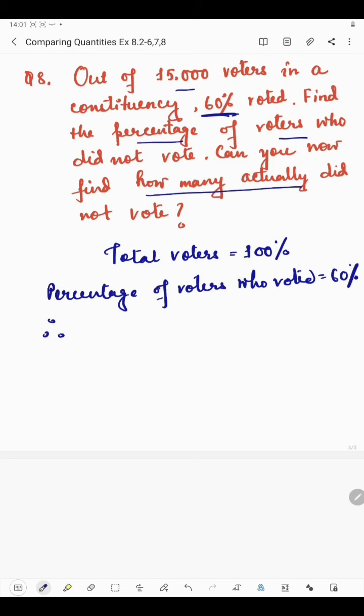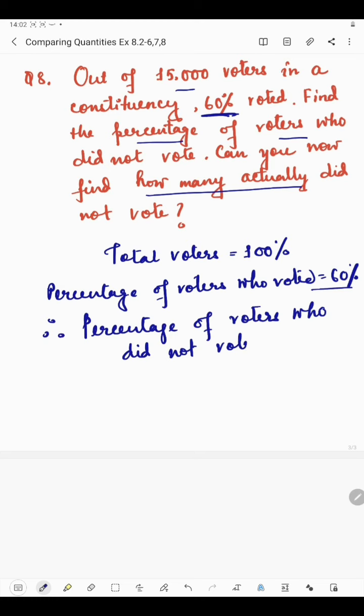Therefore, it will be 100% minus 60%. So it's 40%. So the percentage of voters who did not vote is 40%.